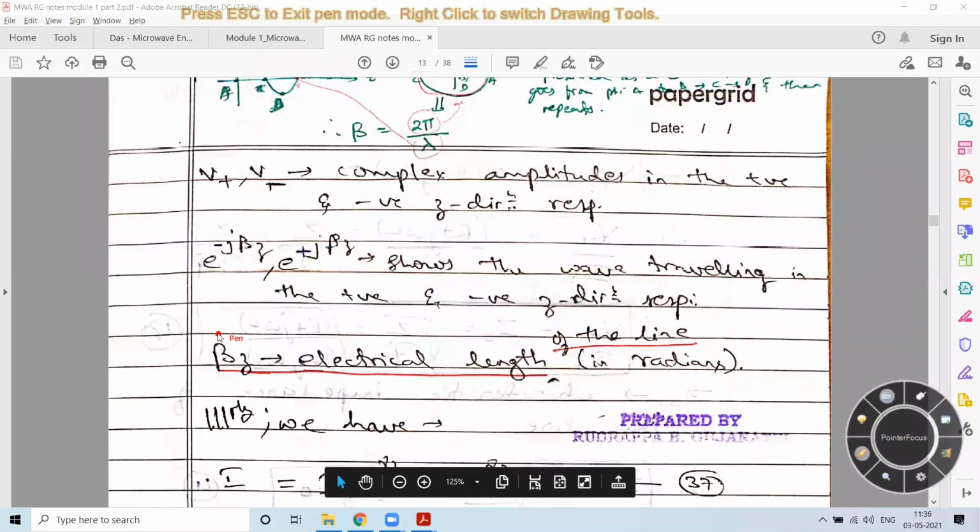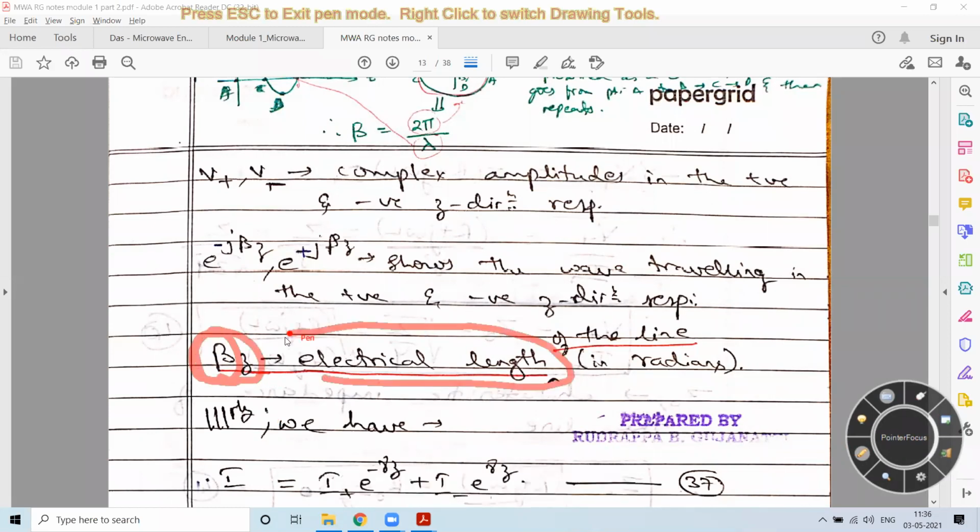Now here we know that beta is the phase constant. When we multiply beta with the z parameter, we get what is known as electrical length. Beta, if you remember, is given by 2 pi by lambda.